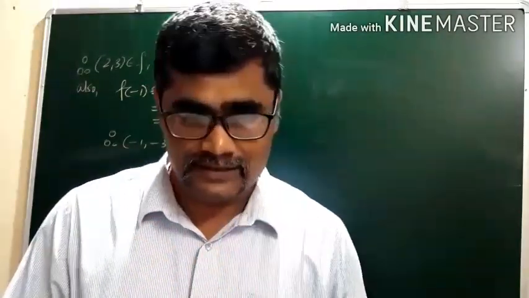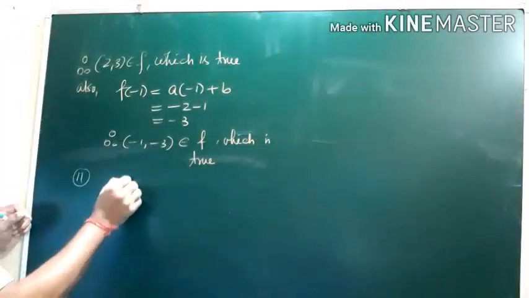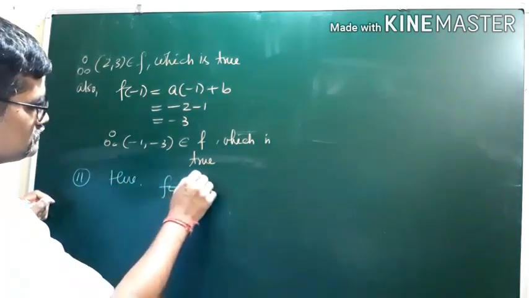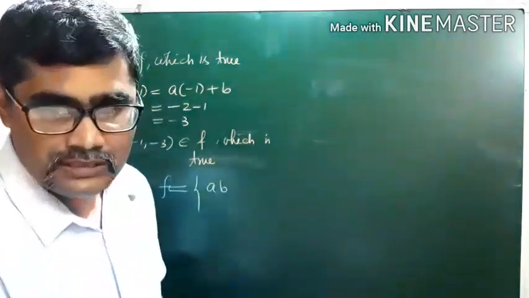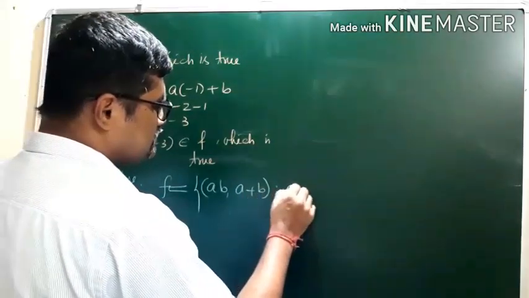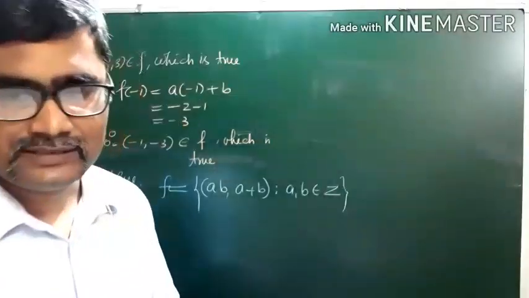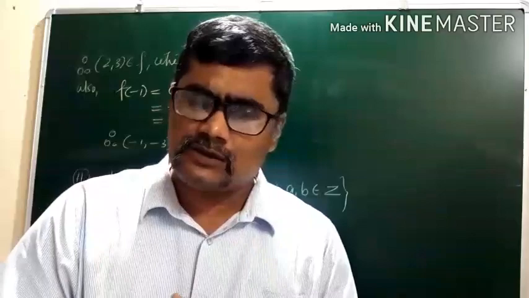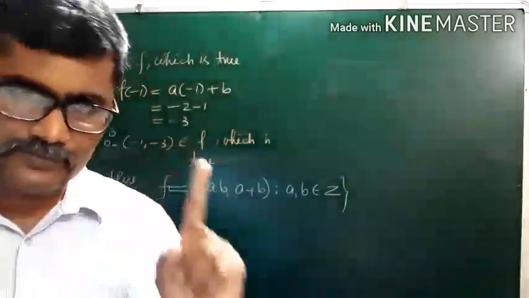It is defined as f equal to, in question number 11, how did they define? (a b comma a plus b), where a and b are both taken from Z. Z means the set of integers. Is this a function from Z to Z? Justify your answer.